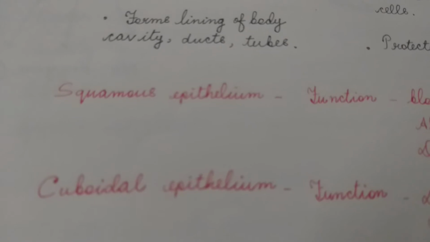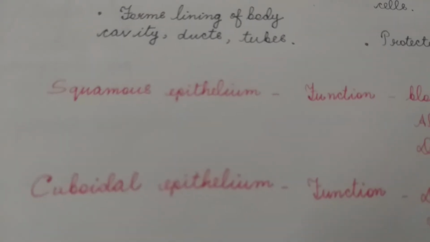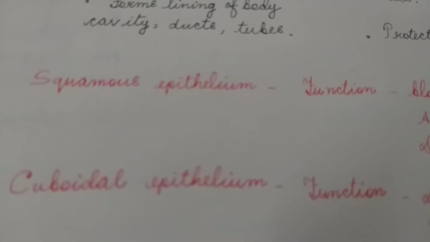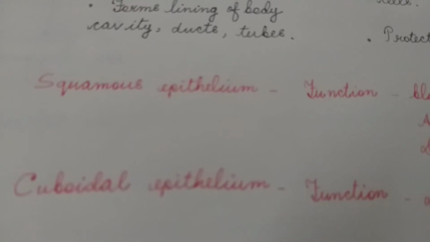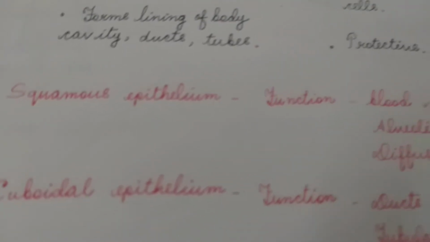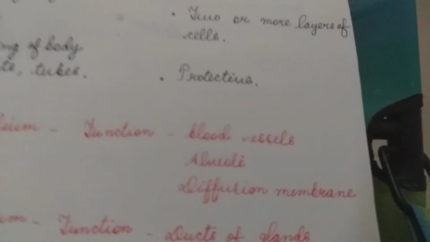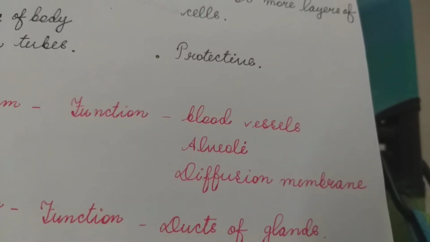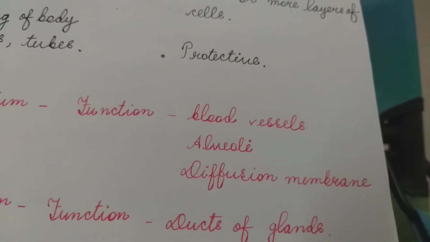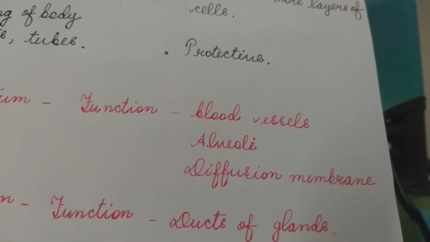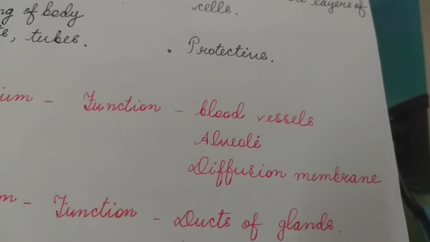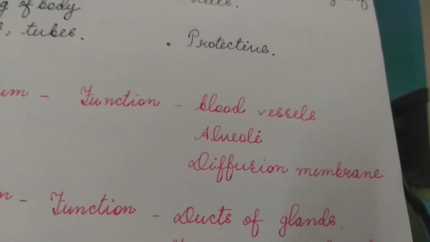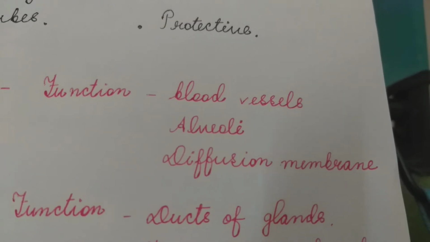Squamous epithelium consists of thin, flattened, leaf-like cells with irregular boundaries or outlines. Function: squamous epithelium is found on the wall of blood vessels and the wall of alveoli in the lungs, and they mainly help in diffusion. Squamous epithelium functions as a diffusion membrane.